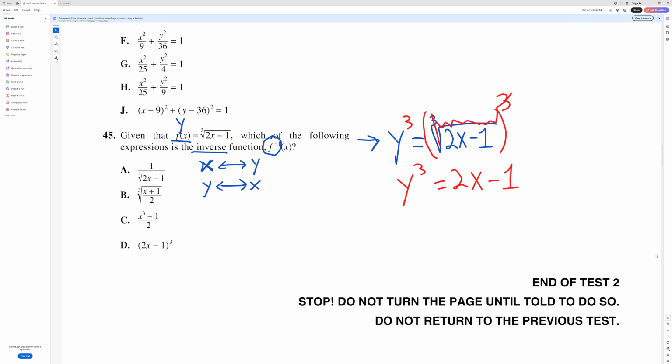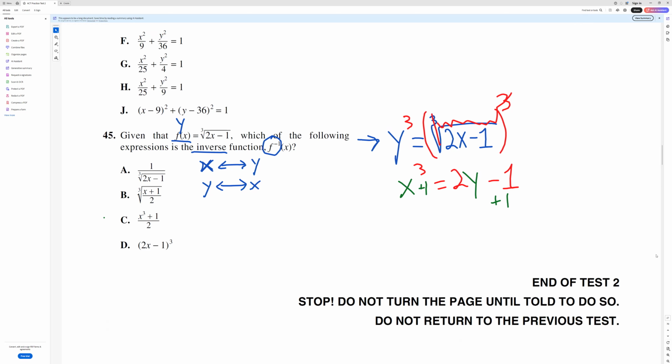Now let's switch. Okay, great. This has become my y, and x is going to be to the third power. Okay, so let's solve for y. Let's add 1 here, and let's add 1 there. You can see which one it is already.